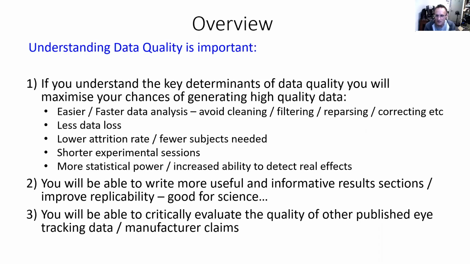Eye tracking researchers over the years, and partly this is because historically eye trackers were themselves just generating poor quality data, have developed a whole range of techniques for cleaning and filtering and reparsing and correcting and drift correcting and all sorts of things that they can do with poor quality data that's already been collected.